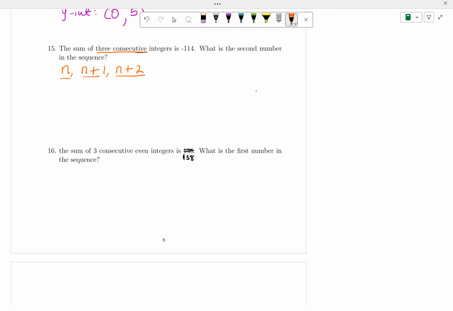Now this question is asking us to figure out the second one. We also know the keyword sum means adding. So if you took 3 numbers that are consecutive and added them together, that sum is going to equal -114. At this point, we just have an equation that needs to be solved.